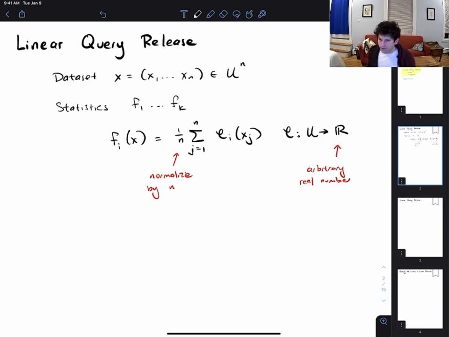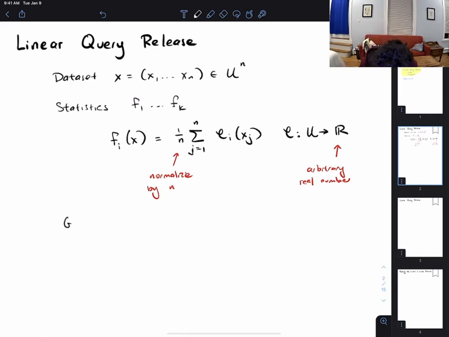But I will still refer to counts. When I say counts, I'm still referring to things that output 0 and 1, which is useful because it gives us some easy bound on the sensitivity. So that's my second change. I'll allow things to be arbitrary real numbers, and again, there's a reason why I'm going to do this.